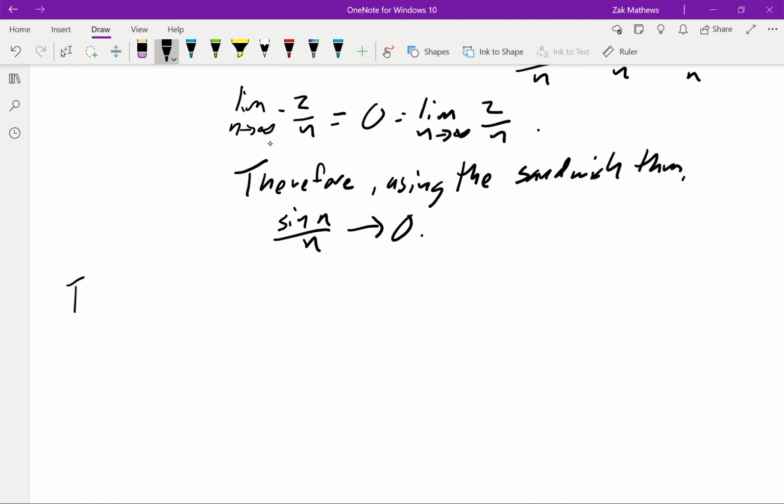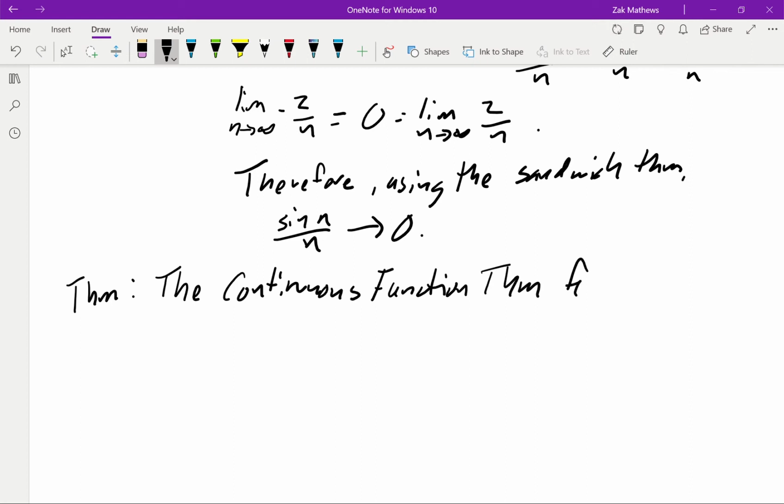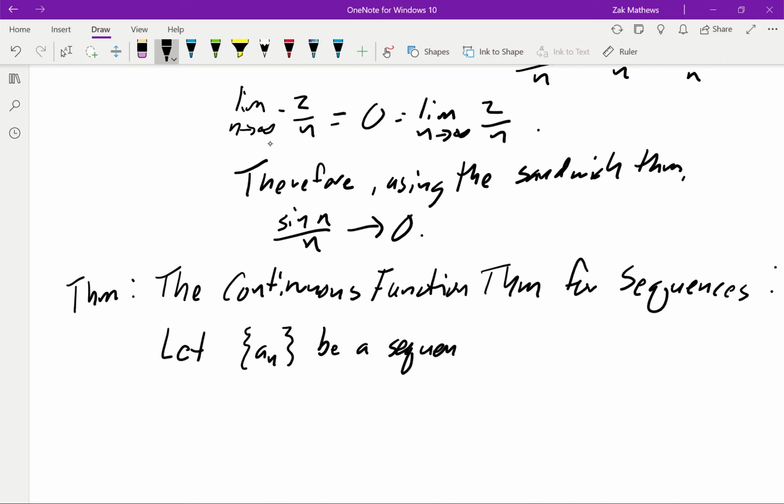So we'll get another theorem. The continuous function theorem. And because we're dealing with sequences, we're going to tack on for sequences. We're going to let the sequence an be a sequence of real numbers.